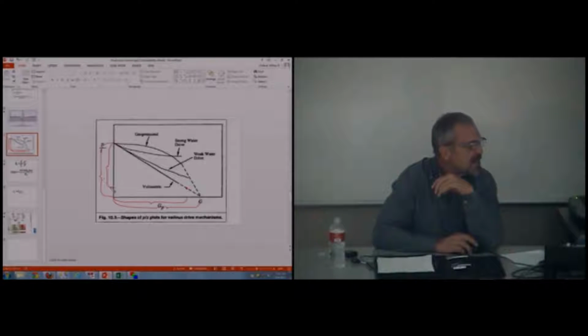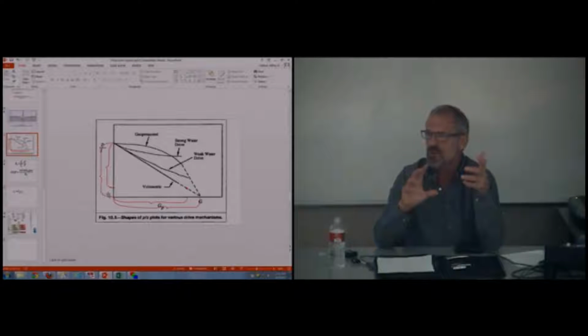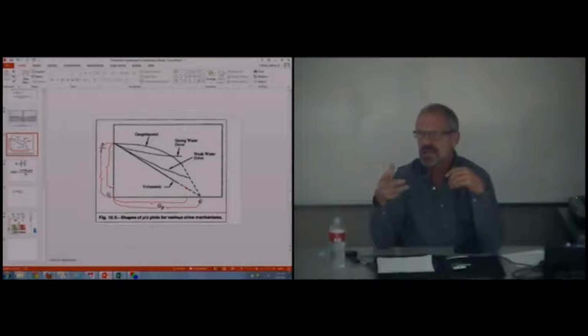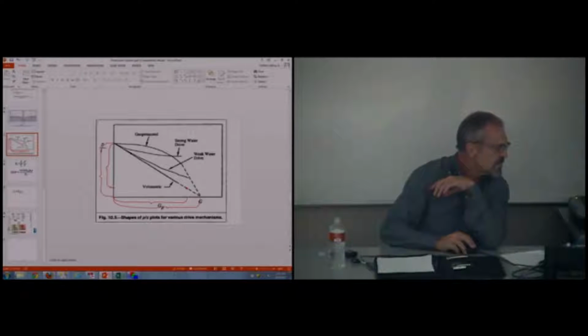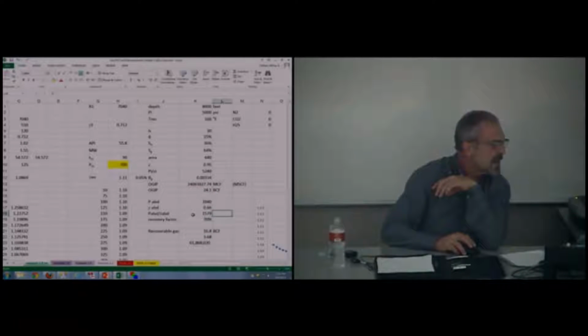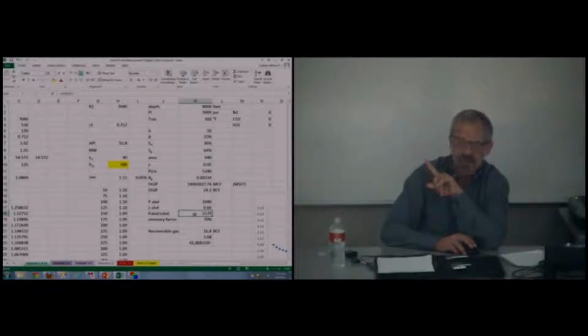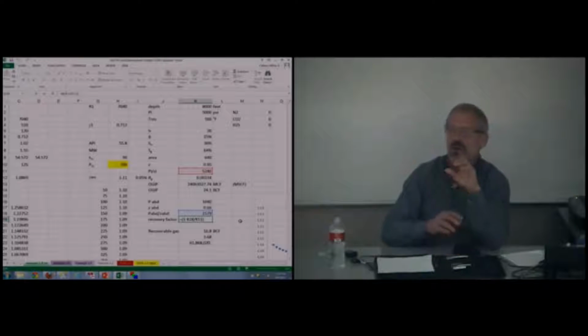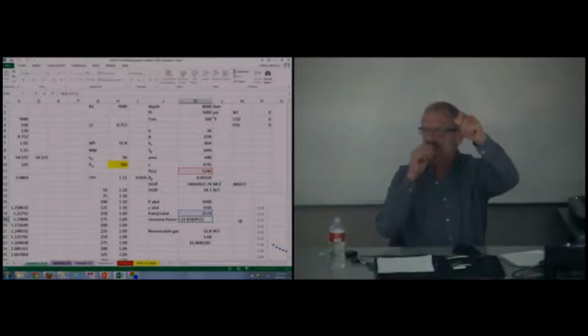And I did it by calculating some abandonment pressure, P over Z. And since this is a straight line, it's a simple ratio problem. There's a 1 minus in this equation because it's a negative slope. So by selecting an abandonment pressure and getting an abandonment Z, I now have an abandonment P over Z, and I then can calculate a recovery factor knowing the P over Z initially and the P over Z at abandonment.